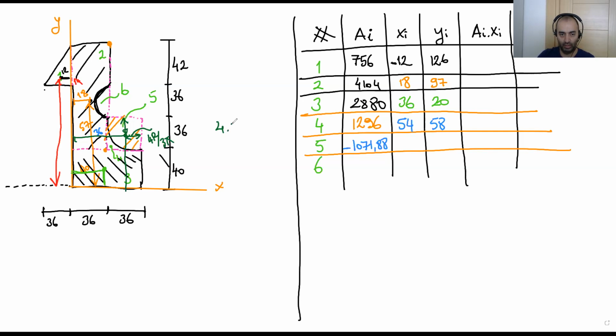4r over 3π, right? R is 36 here. 4 times 36 over 3π. You can calculate this number.